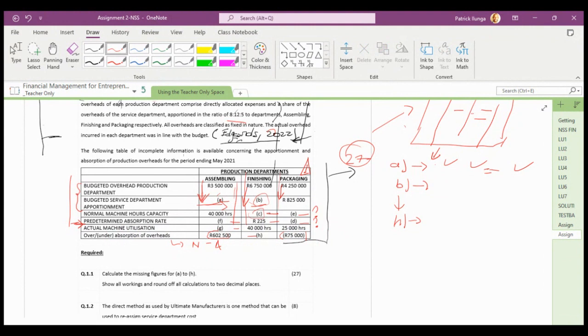So do it at the end, and just work with the formulas. So know what divided by what gives me what, so it will be easy for you to find what the unknown there is. But yes, I agree, it is tricky.